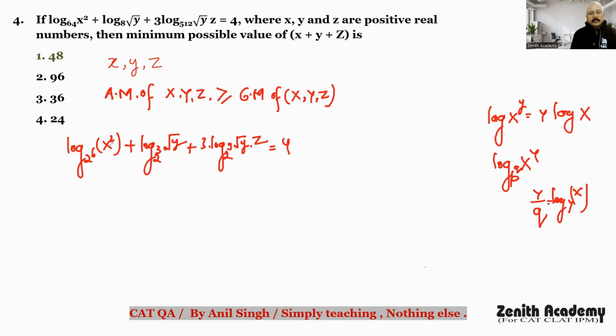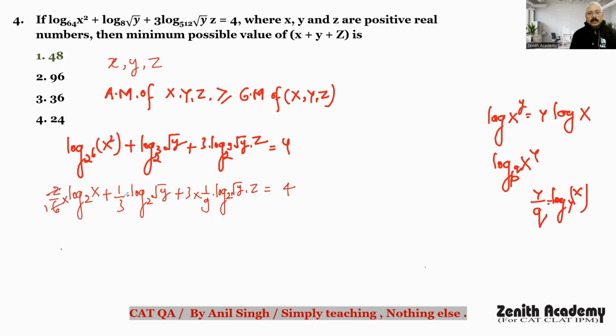So here, this is 2 by 6 into log of x base 2. And here, this is 1 upon 3 log of root y to base 2. And here, this 3 into 1 upon 9 log of root y into z base 2 is equal to 4.